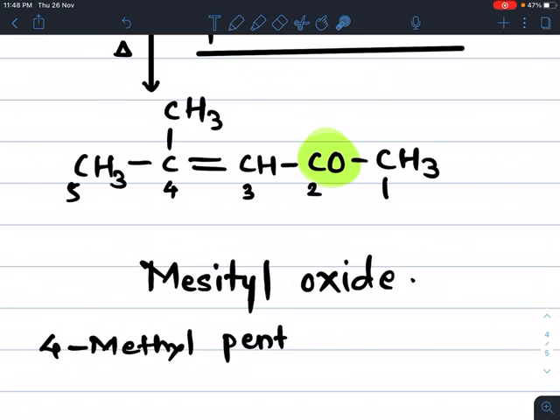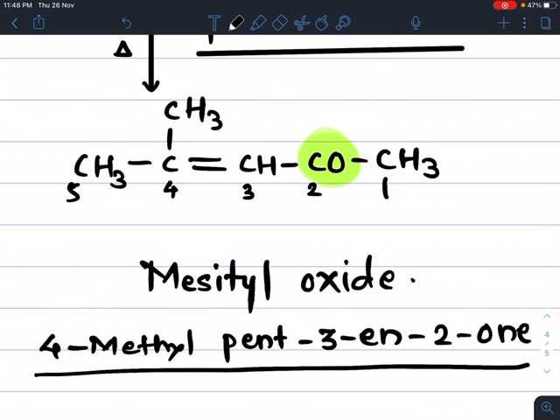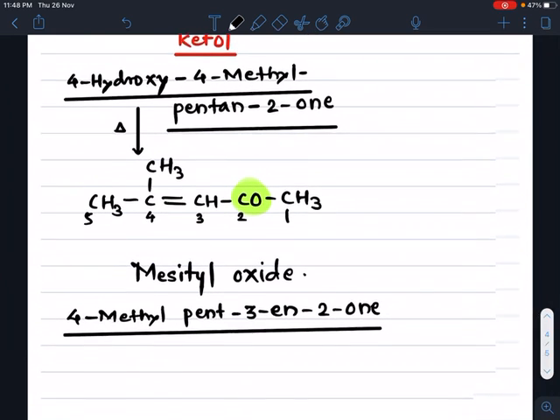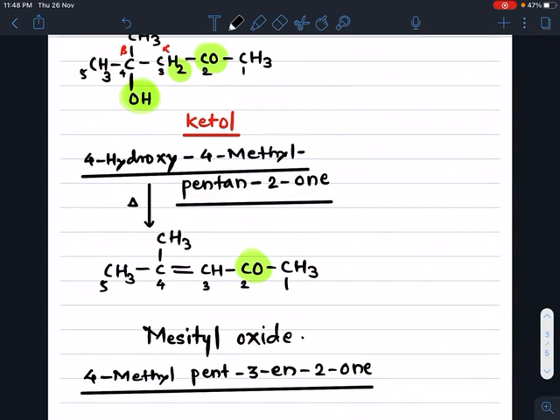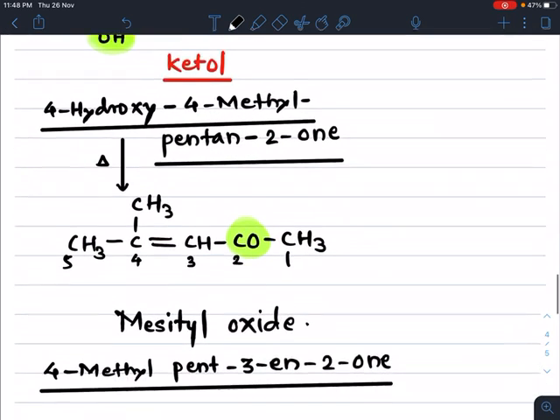At position 3 the double bond starts, so 3-en, and at position 2 the ketonic group is present, so 4-methylpent-3-en-2-one. This is the IUPAC name of the final product formed from acetone when it undergoes the aldol condensation reaction.